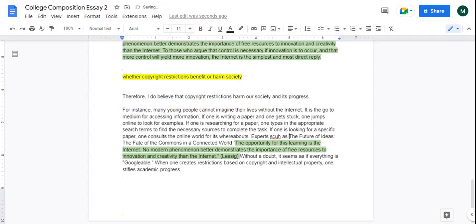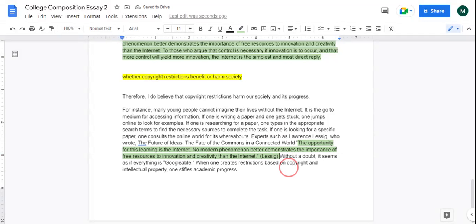Experts such as Lawrence Lessig, who wrote, comma, agrees.